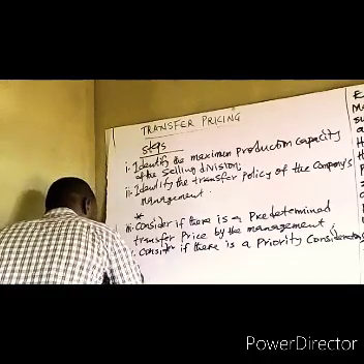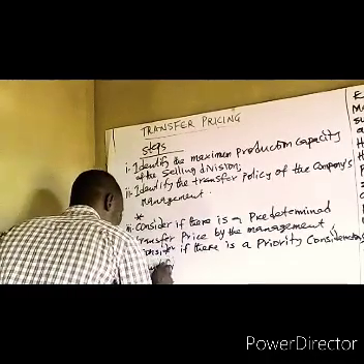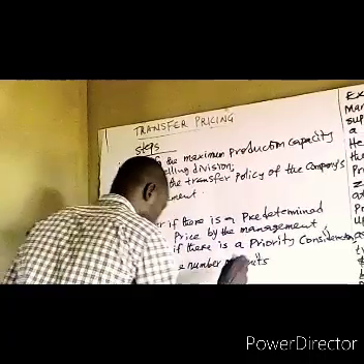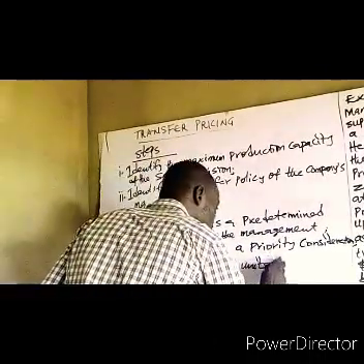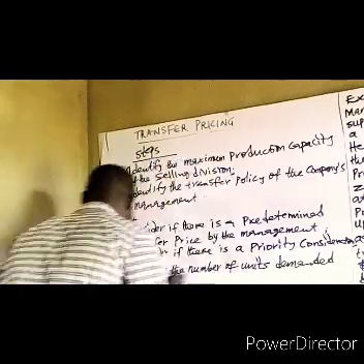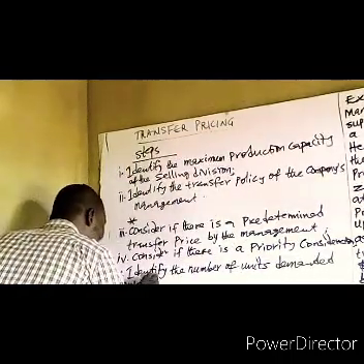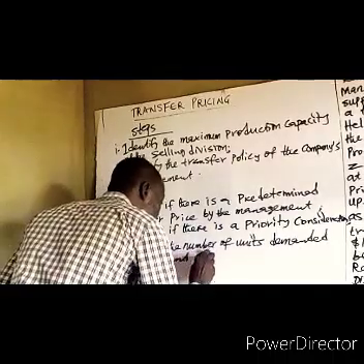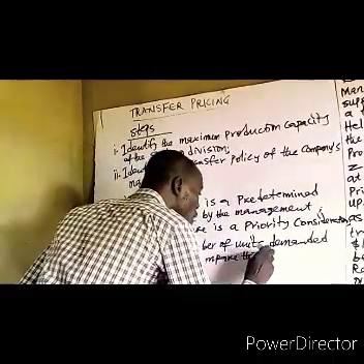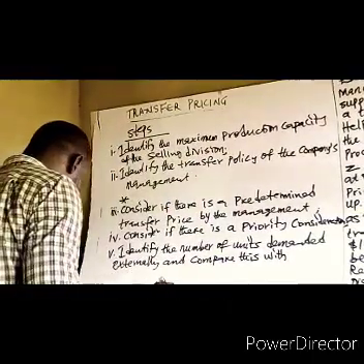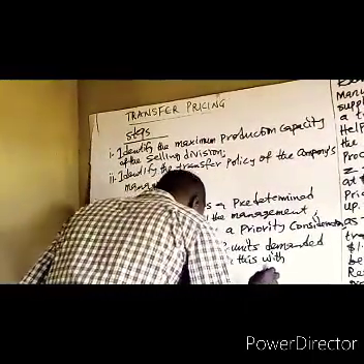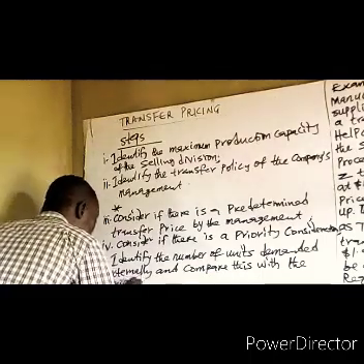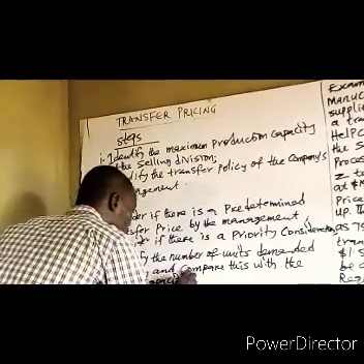Identify the number of units demanded externally and compare this with the maximum capacity of the selling division.